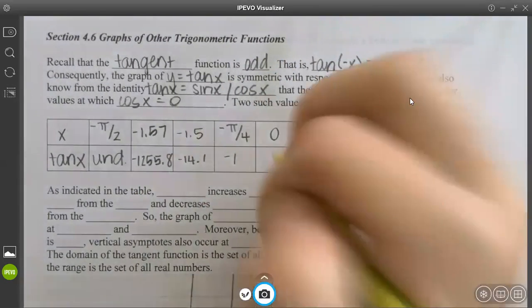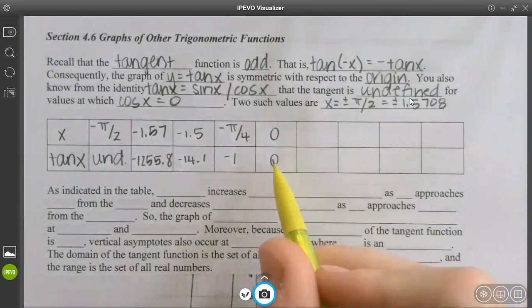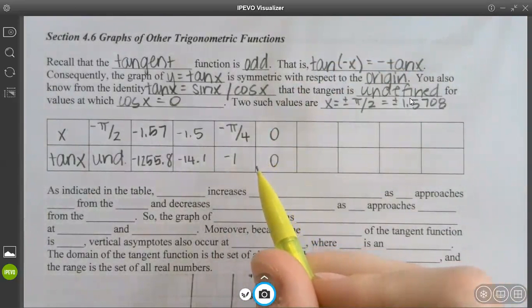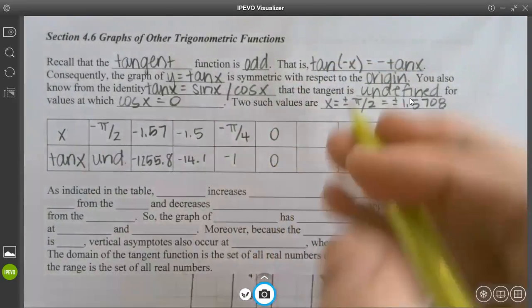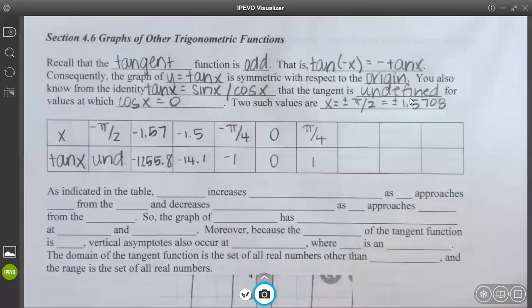If we're at 0, we're going to get 0 over 1. Remember that tan is what ratio with your coordinates? Y over x. So that's where this is coming from. This will be 0 over 1. Is everybody good? So I just want you to know where it's all coming from. So then as we go back to the positive values, it'll just change them to positive.